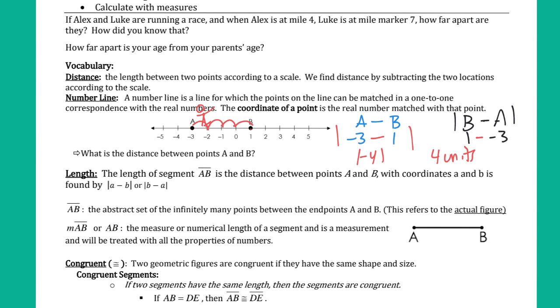So we get 1 minus -3, minus a negative, yes, it still becomes plus a positive. So 1 and 3 make 4. The absolute value of 4 is still 4 units away. So write down the locations using positives or negatives as appropriate of B and A, put a subtraction sign between those two values, do the math, and then take the absolute value of your final answer. That'll give you the distance between those two locations.